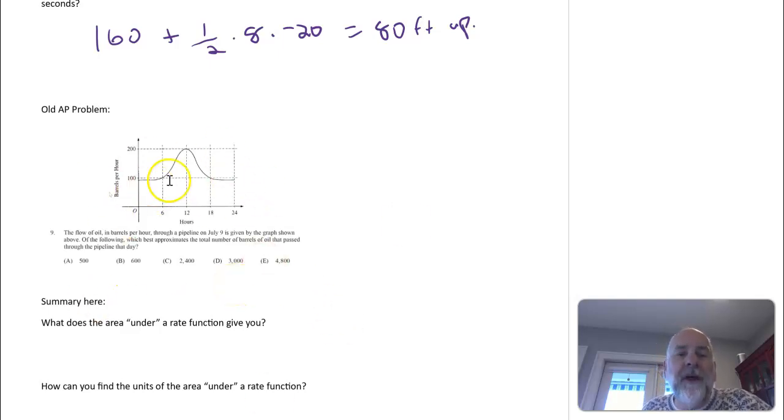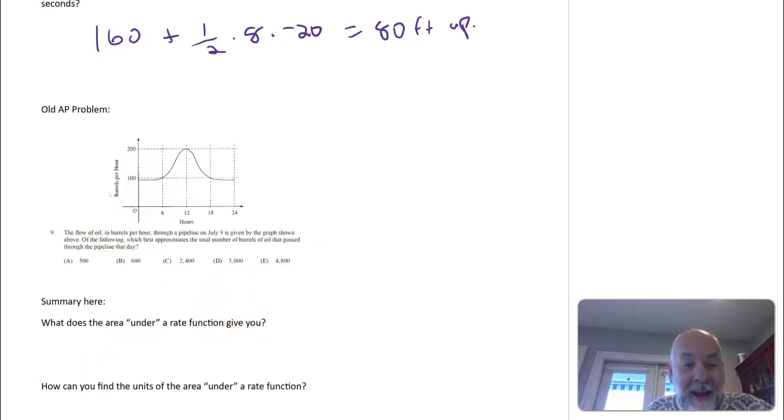So this one, the rate is always positive. This is number of barrels per hour that's going through a pipeline. And I guess you could have some kind of pipe that was going in both directions. But in this case, the rate is always positive. So it's always flowing in one direction. And this is an example I put in order just to show you something else besides position velocity acceleration.